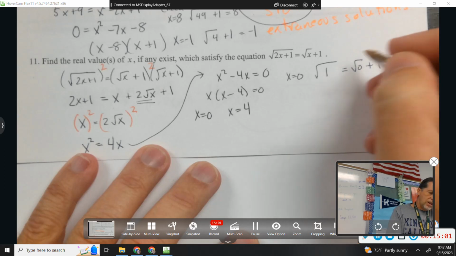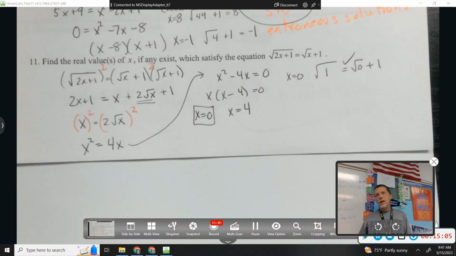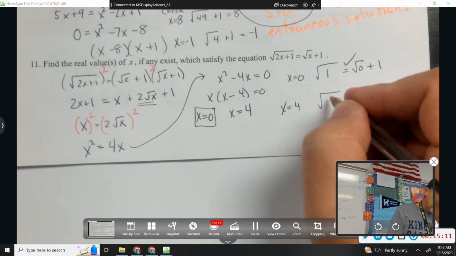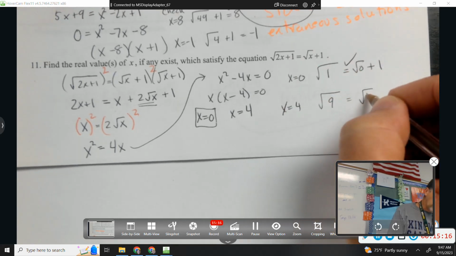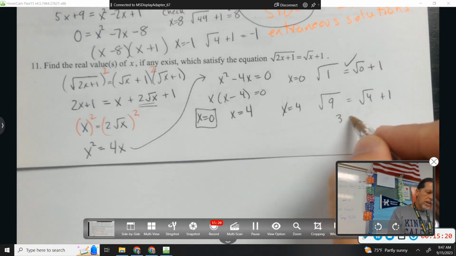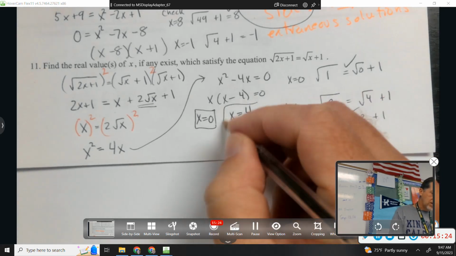Yep, that's right. If I plug in 4, that'd be the square root of 9 equals the square root of 4 plus 1. 3 equals 2 plus 1. Yes it does. So they both worked.